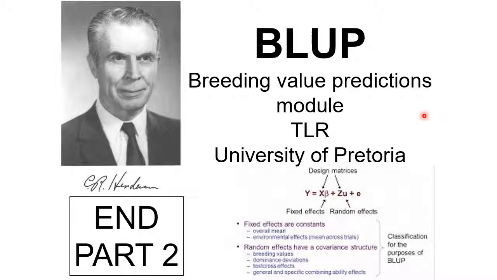The top part, the solutions for our fixed effects, we call BLUEs, best linear unbiased estimates of the fixed effects, and each animal's additive value we call BLUP, breeding values, best linear unbiased prediction of the value of the animal as a parent. That then concludes part 2, and we will follow with part 3.